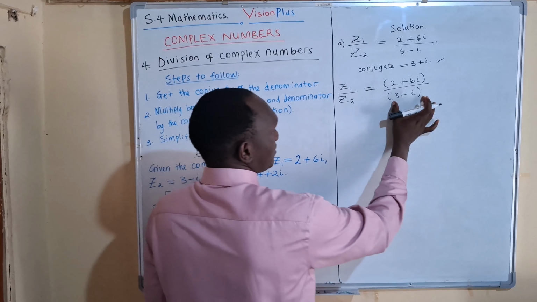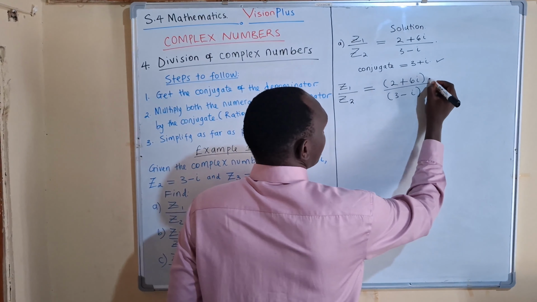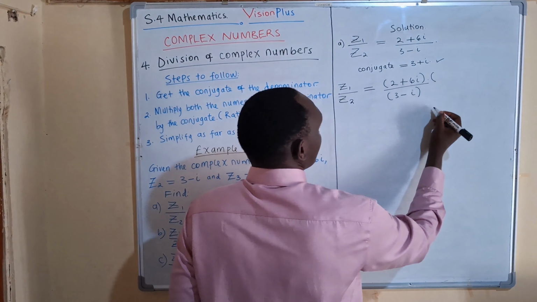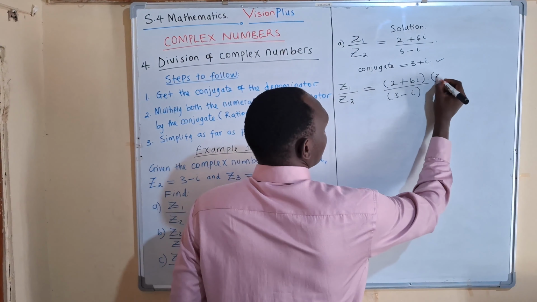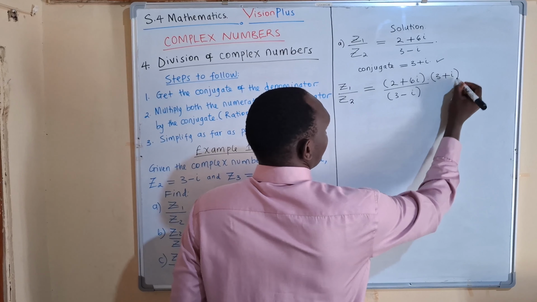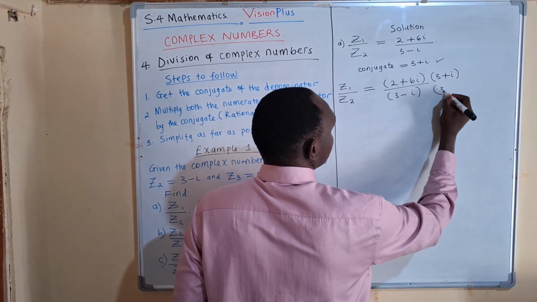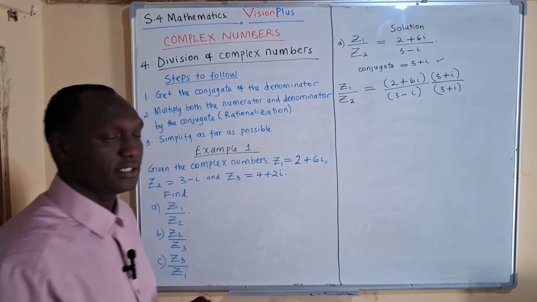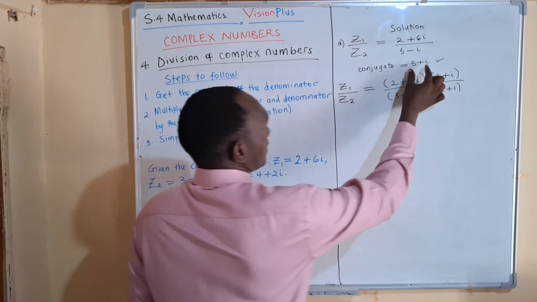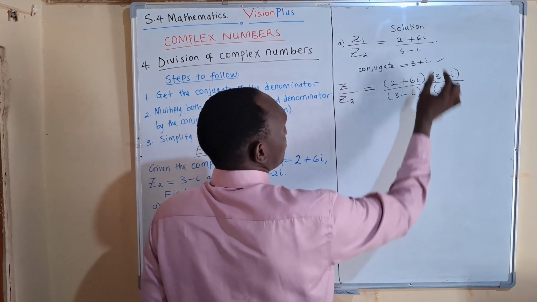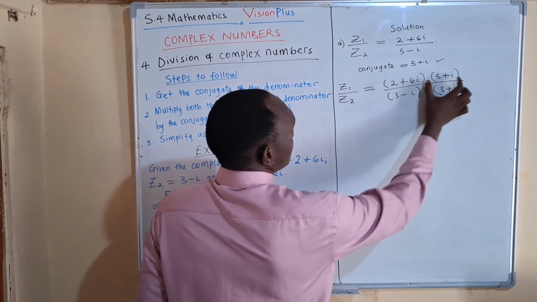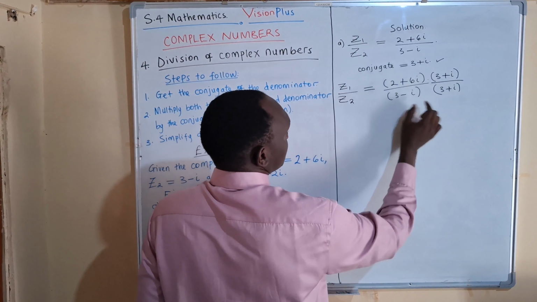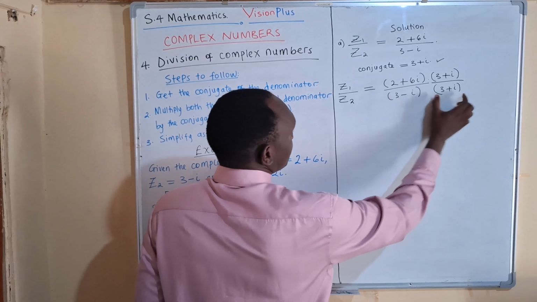This is how the number has been, but we are saying multiply the numerator and the denominator by the conjugate of the denominator. So this is the conjugate. You multiply the numerator by the conjugate, and the denominator by the conjugate.